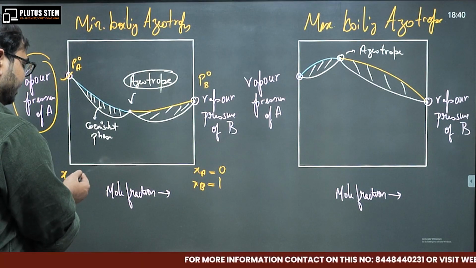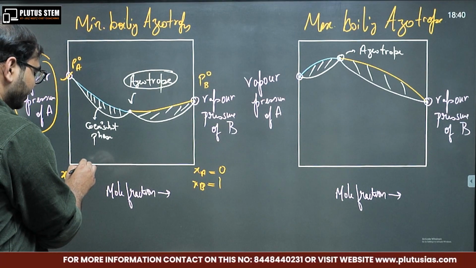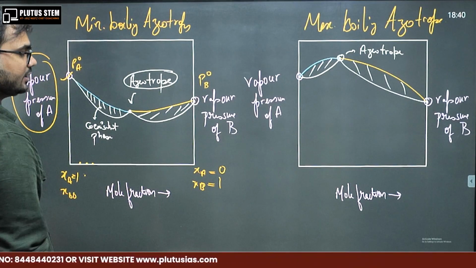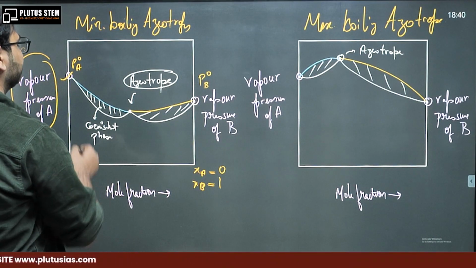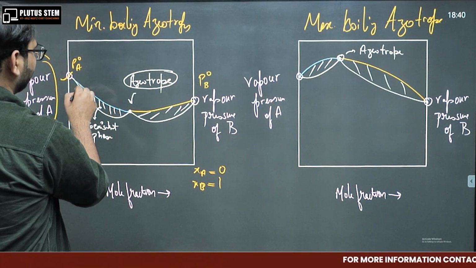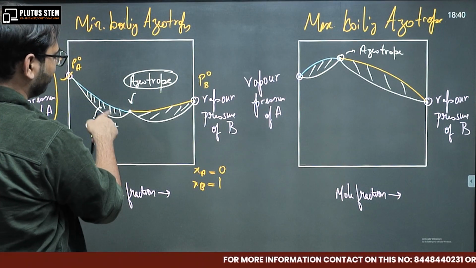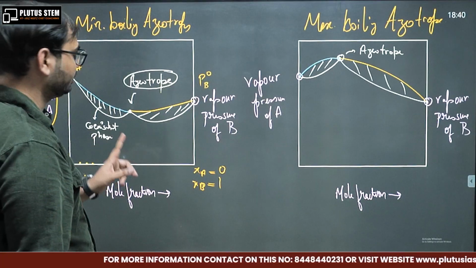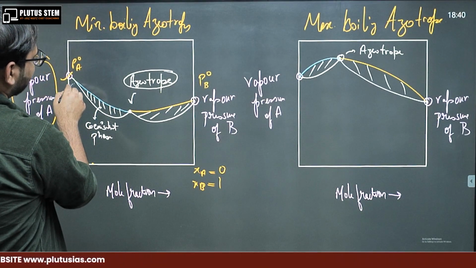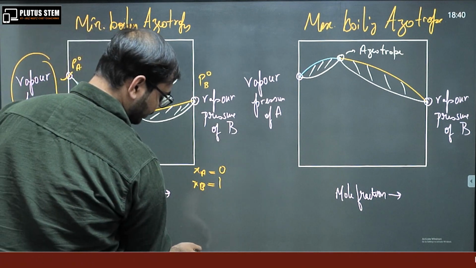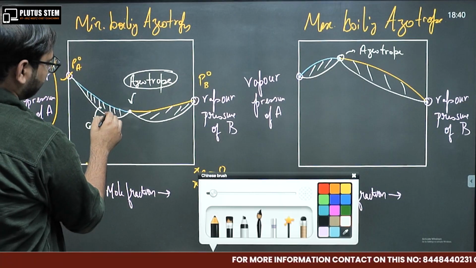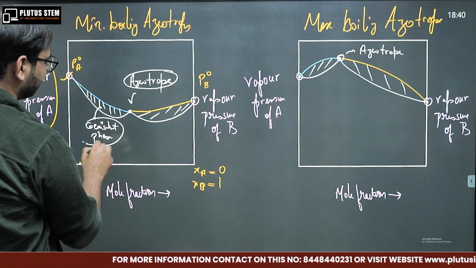As per Raoult's law, since the mole fraction of A is decreasing, its vapor pressure starts to fall. This blue line represents the fall of the vapor pressure for the pure solution. But when you mix it with something else, we find that the slope falls a little further. And this is the region where we say this is the coexistence phase.